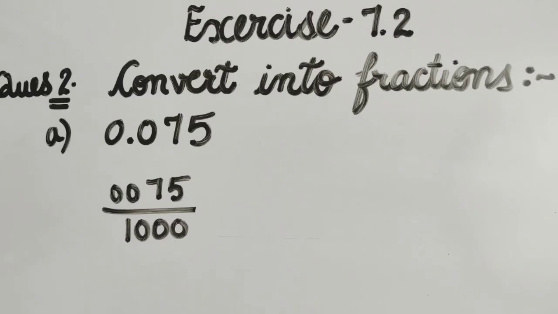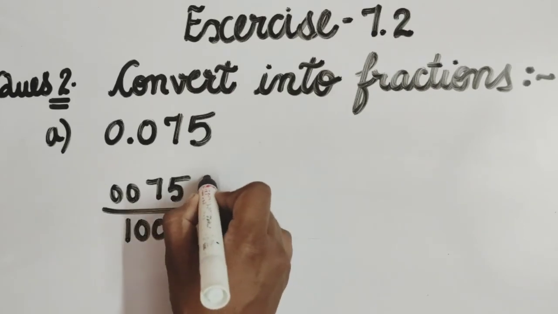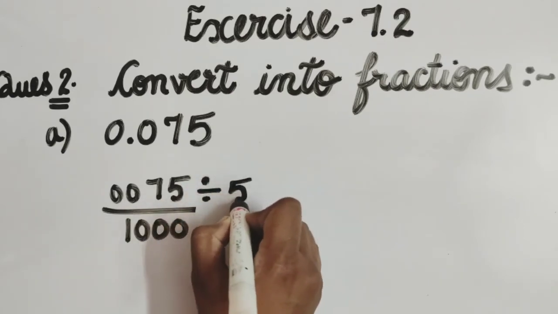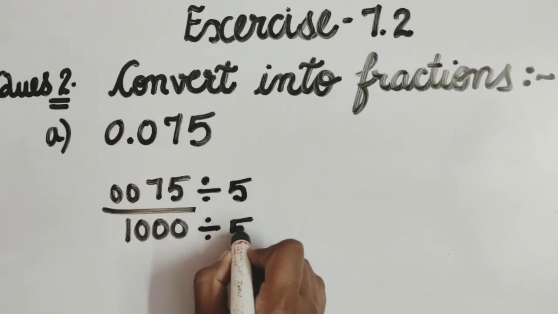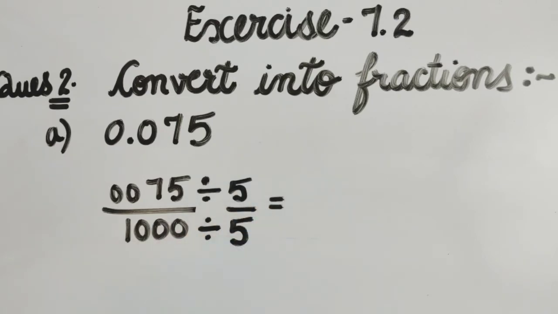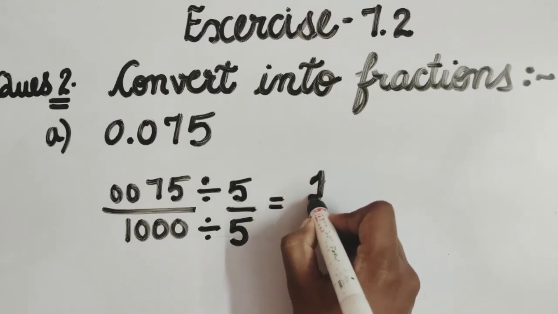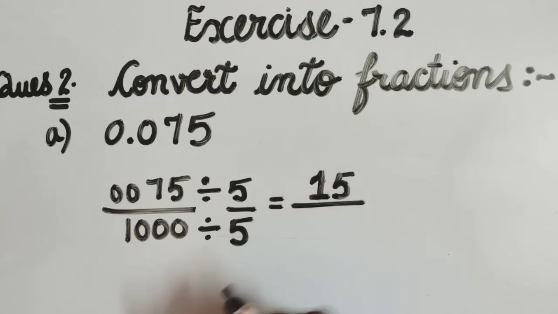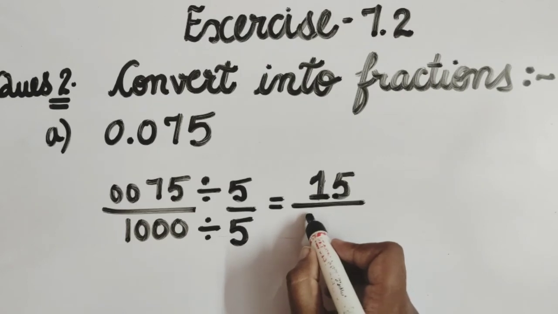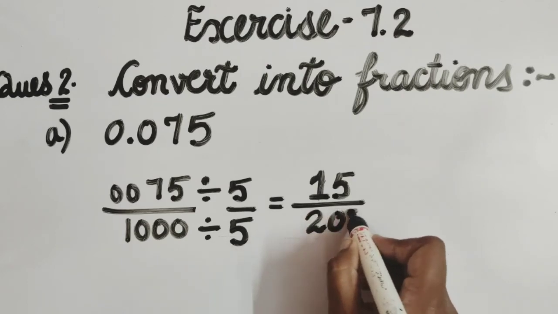Students, here you can use the divisibility rules which we have already discussed in previous chapters. So when I divide the numerator and denominator by 5, 75 divided by 5 gives 15, and 1000 divided by 5 gives 200.